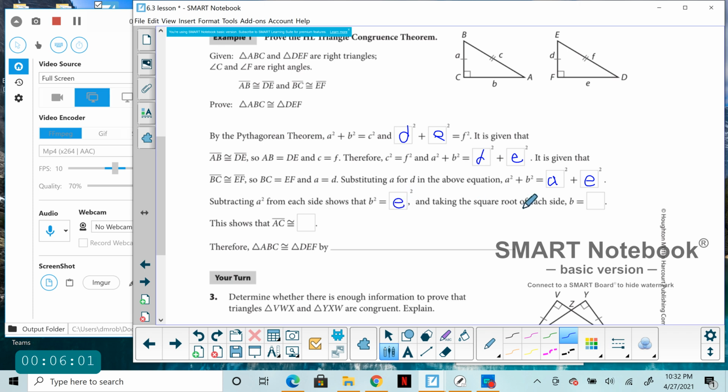Then taking the square root, B is equal to E. That shows that AC is congruent to DF, and the triangles are congruent by side-side-side congruence.